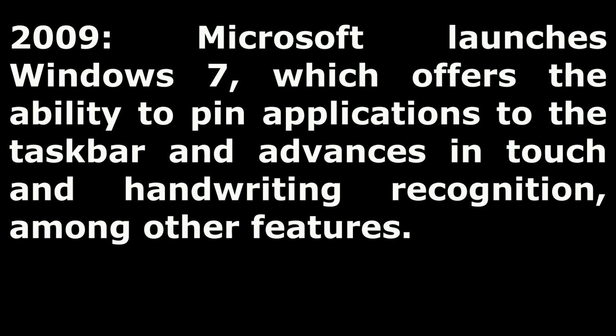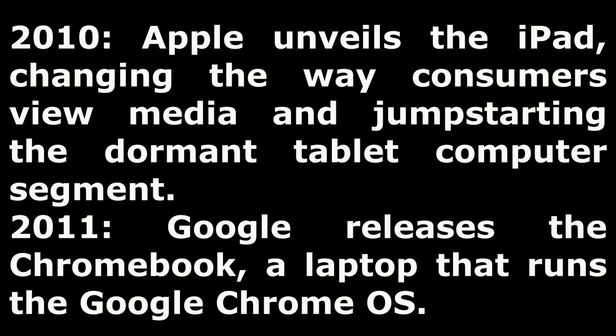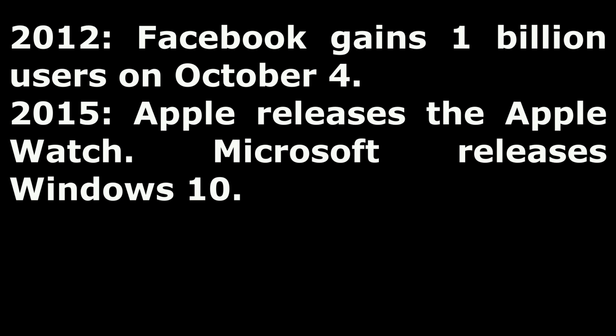2009, Microsoft launches Windows 7, which offers the ability to pin applications to the taskbar and advances in touch and handwriting recognition, among other features. 2010, Apple unveils the iPad, changing the way consumers view media and jump-starting the dormant tablet computer segment. 2011, Google releases the Chromebook, a laptop that runs the Google Chrome OS. 2012, Facebook gains 1 billion users on October 4. 2015, Apple releases the Apple Watch.